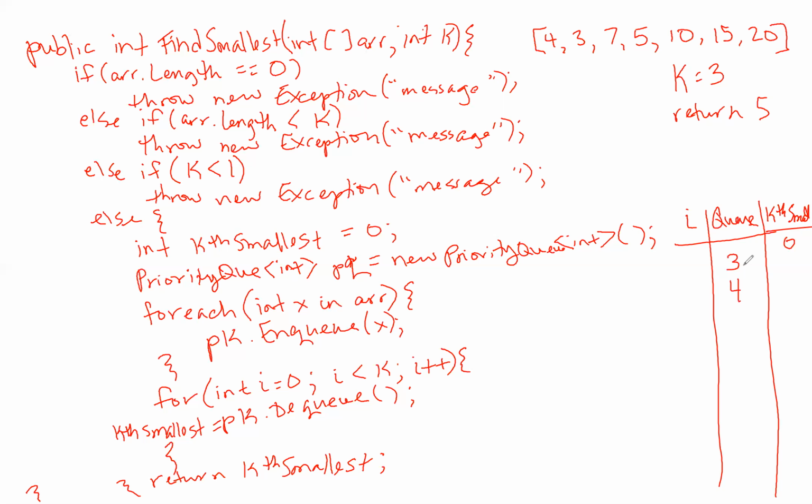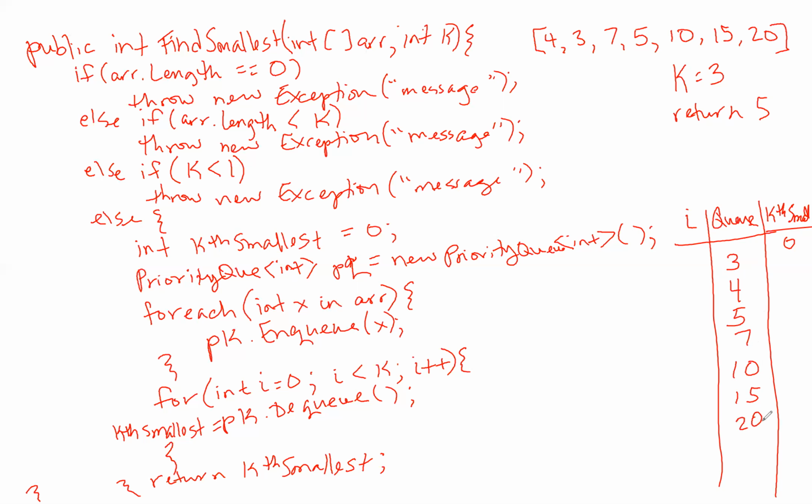Loop back through, we get to 7, and 7 goes below the 4. Then we get to 5, which goes between the 4 and the 7. Then a 10, which goes below the 7. Then a 15, which goes below the 10, and 20 would be at the end.